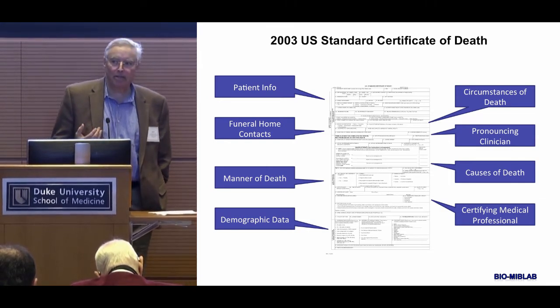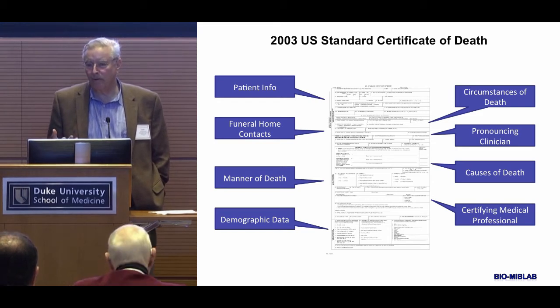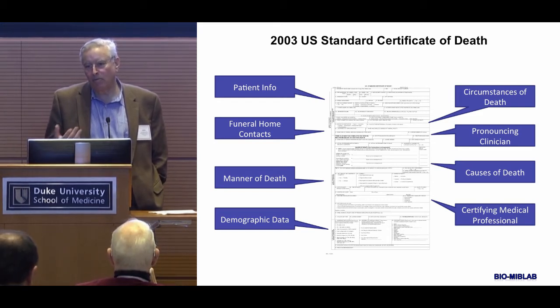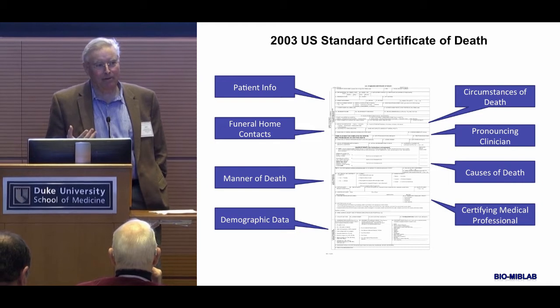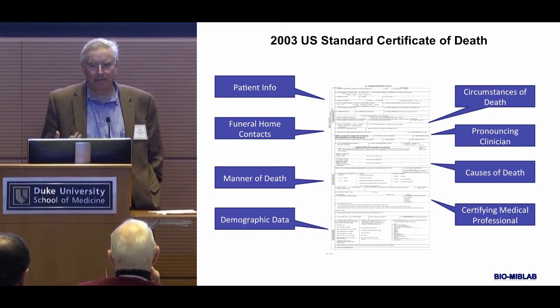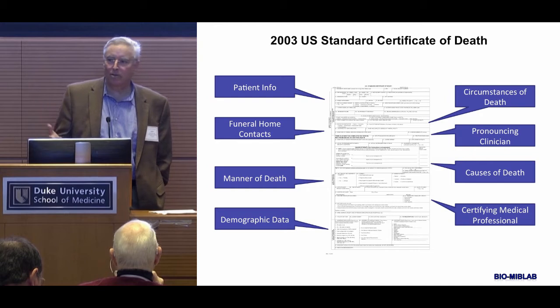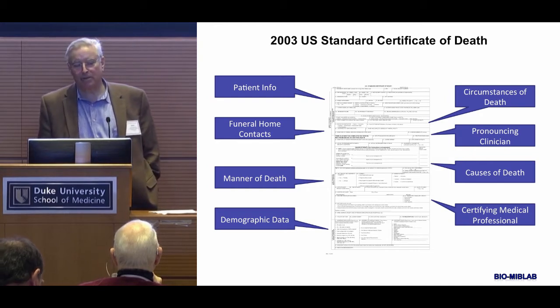Now, let me explain the reality of public health reporting in the United States. We are the somewhat United States, I guess. There are 57 reporting jurisdictions in this country. Most of those are states, but New York City is a reporting jurisdiction. Territories like Guam are reporting jurisdictions.